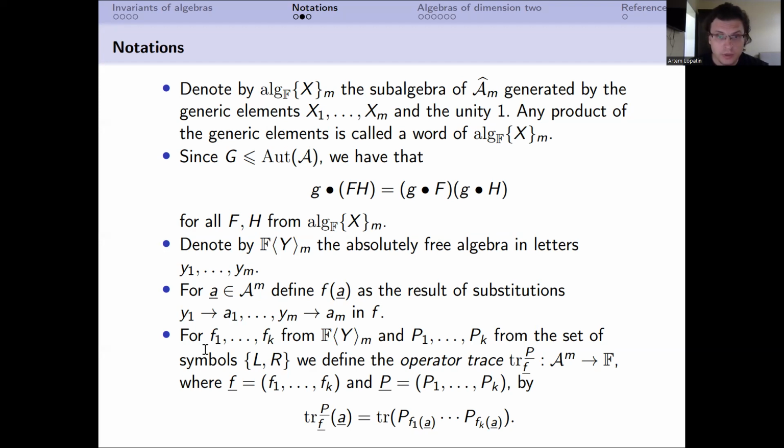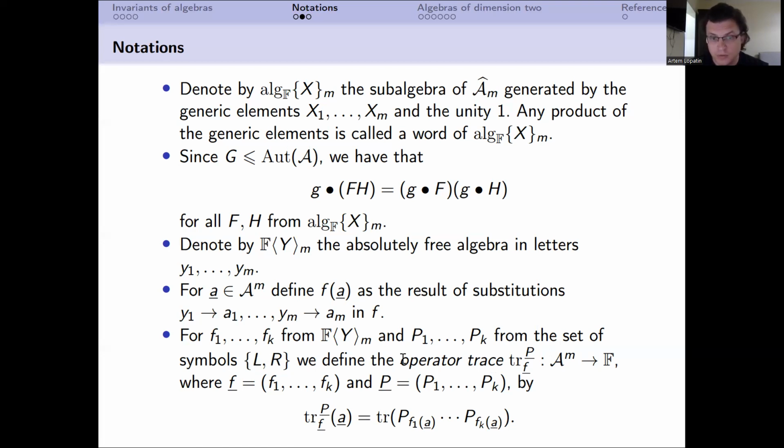And then we consider several non-commutative, non-associative polynomials. And then we need another notation. So we denote by {L, R} a set which consists of two symbols. So here L is a symbol and R is a symbol. And so we consider some sequence of elements from this set. So here, p_1 is L or R, p_2 is L or R, and so on.